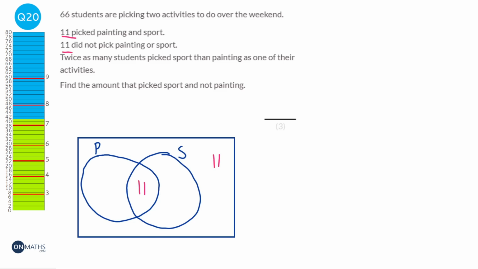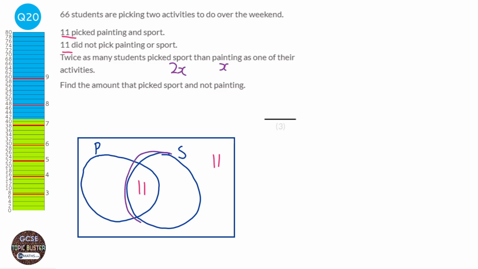Now here's the problem. It says twice as many people picked sport than painting as one of their activities. So it's saying that the total number in the sport circle is twice as big as the total number in the painting circle. Now, what we can do is say, okay, if the painting we label as X, then the sport will be 2X.